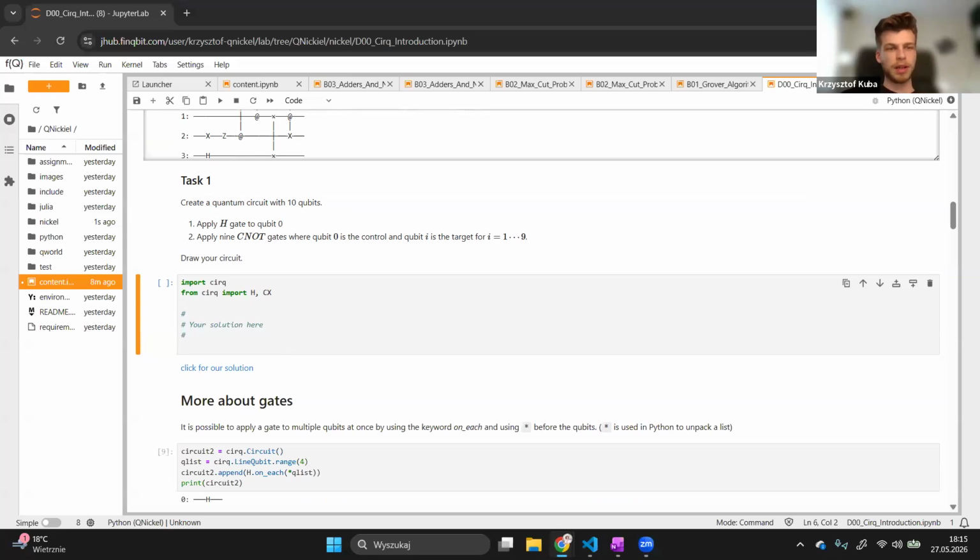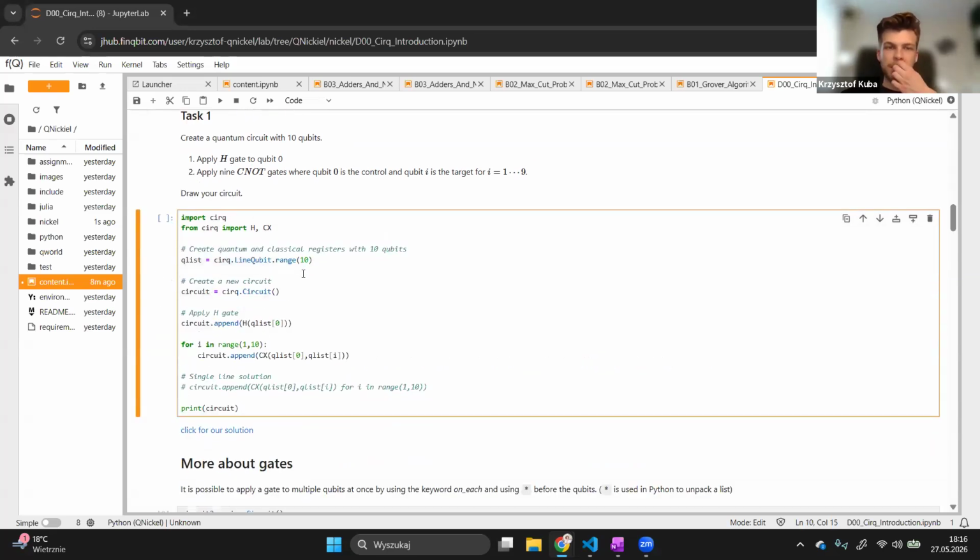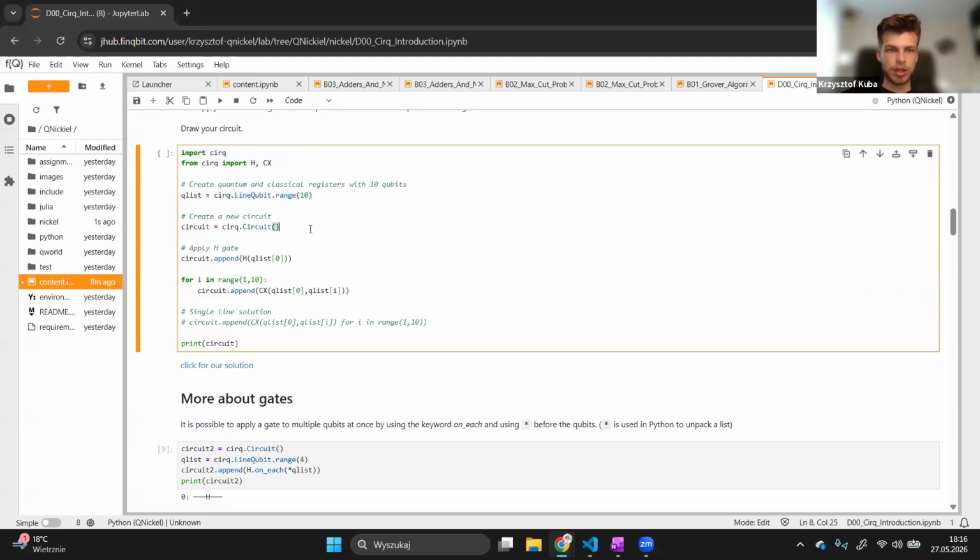Okay, so let's start. I will just copy paste the code, and you also have the solutions here. First we initialize with the qubit range, then initialize the circuit with a circuit method. Then we append the Hadamard gate to the first qubit.